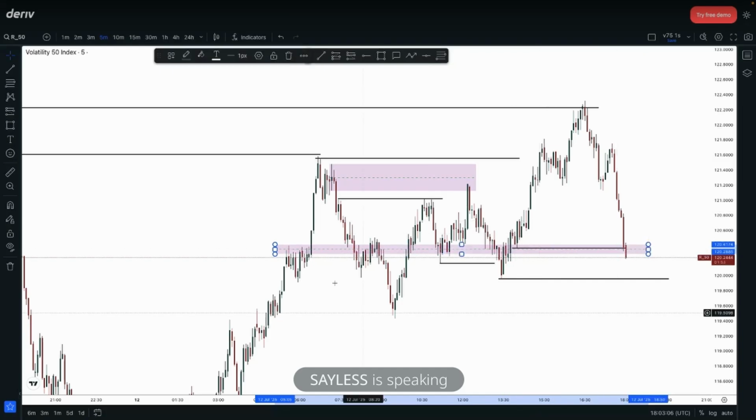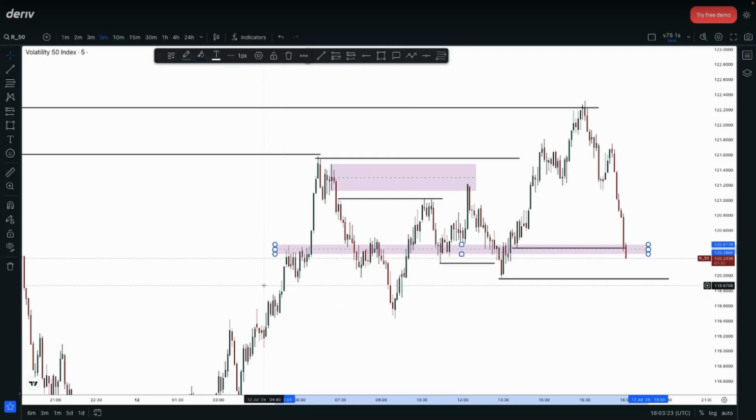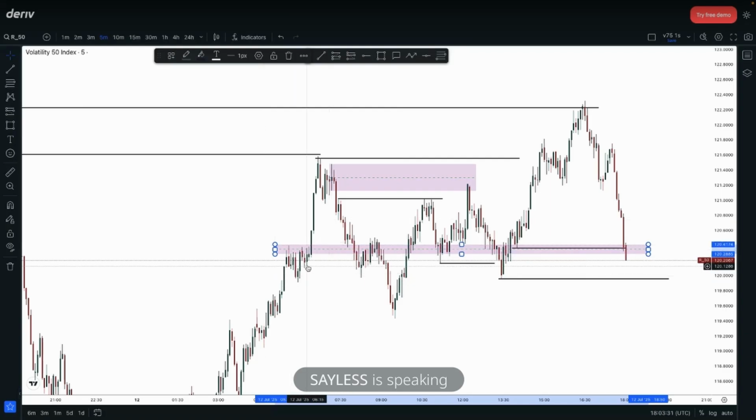Can you see any other block around here? An order block is always the last opposite candle before the other candles. Does that make sense? Perfect.